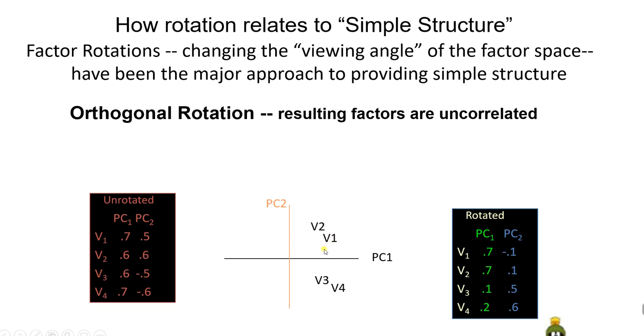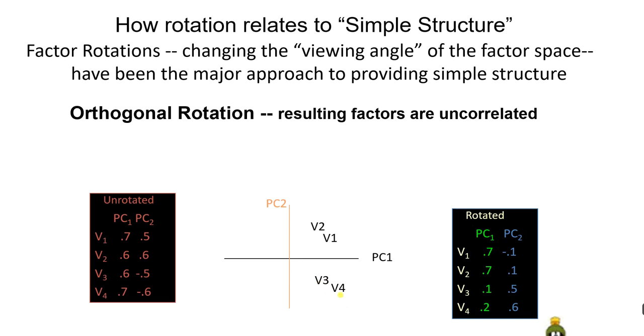So here we have represented variable 1. Variable 2 is having 0.6 and 0.6 on both. Variable 3 is having 0.6 loading on principal component 1 and negative loading on the other. Therefore, variable 3 is on the y-axis below the x-axis. So variable 3 and 4 are having negative loading, so they are on this side.